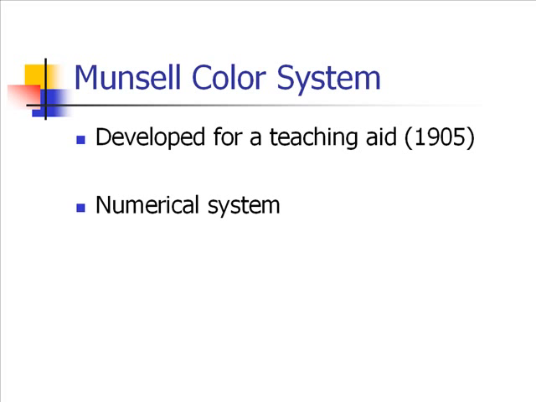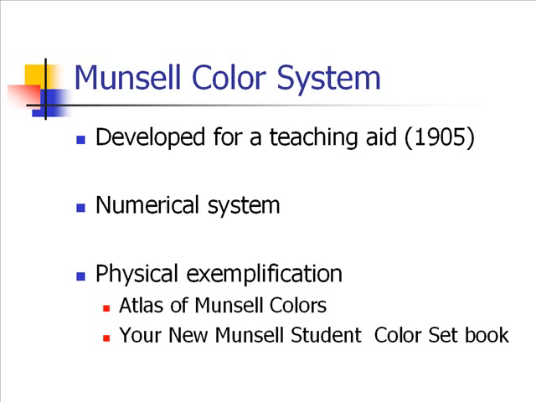The physical exemplification is called the Atlas of Munsell Colors. Your Munsell Student Color Set book doesn't have all of them in it, but it does have some of that stuff. What we're going to do next week is actually use this book in class. So make sure you bring this particular book with you in class. Okay? We're going to use that next week.